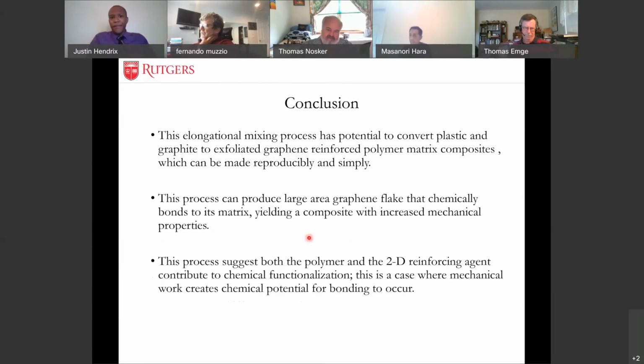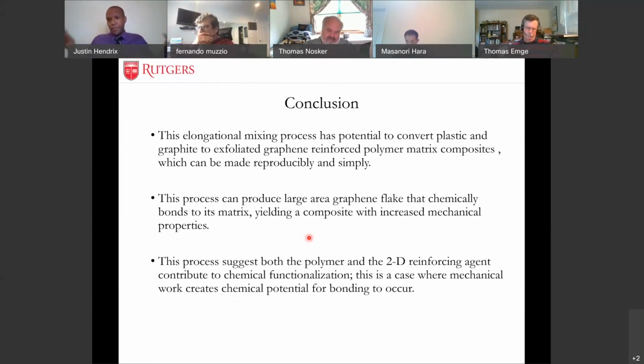Now, to summarize, this process has potential for converting plastic and graphite to a graphene-reinforced polymer matrix composite, which is reproducible as well as simple and scalable. This also produces large-area graphene flakes, which we saw in that picture, draping over the surface and forming primary chemical bonds to the matrix, which gives our increase in mechanical properties.